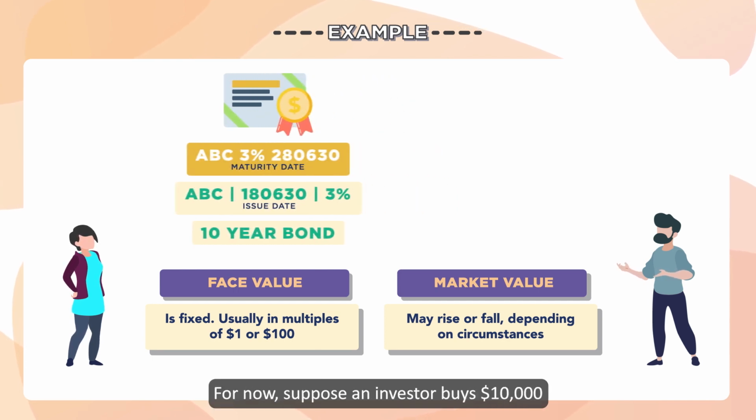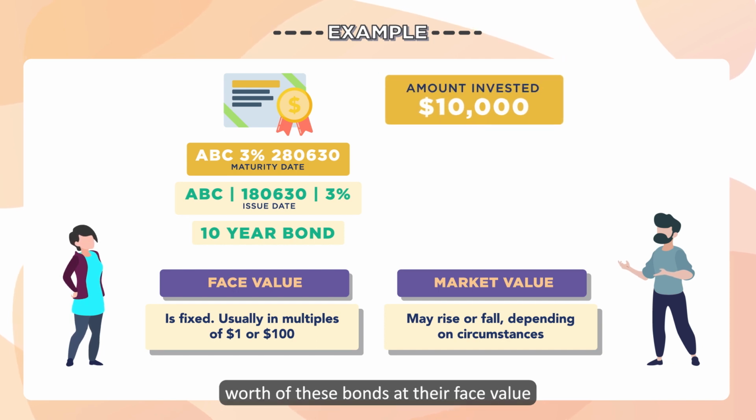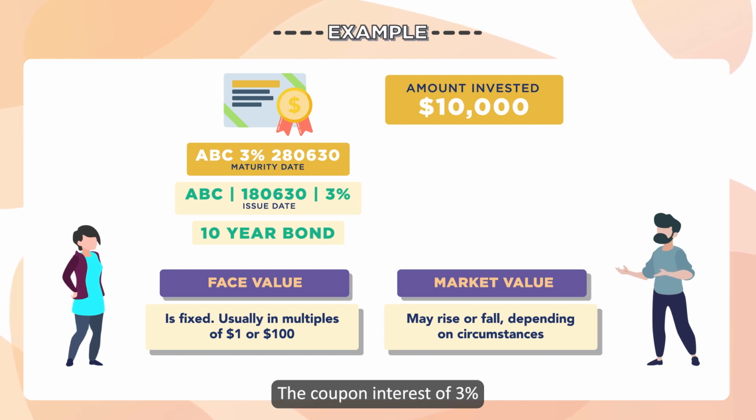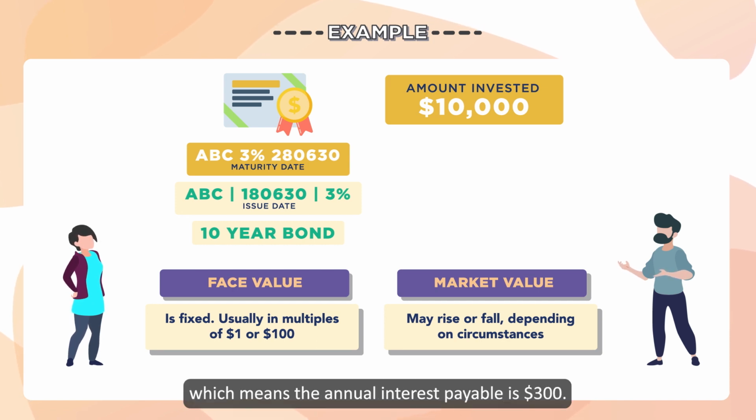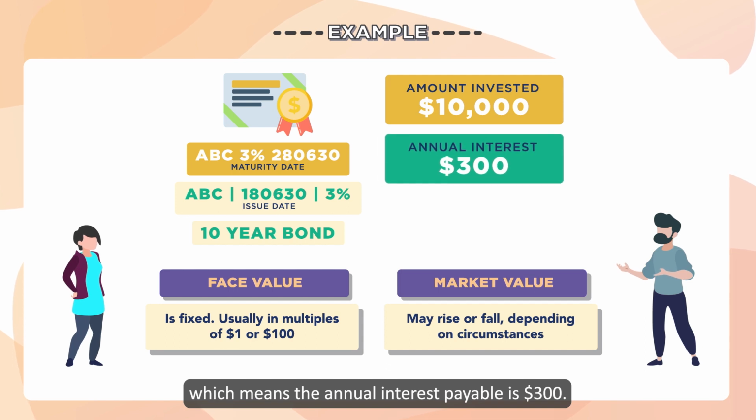For now, suppose an investor buys $10,000 worth of these bonds at their face value at the date of issue on 30th June 2018. The coupon interest of 3% is based on the face value, which means the annual interest payable is $300.